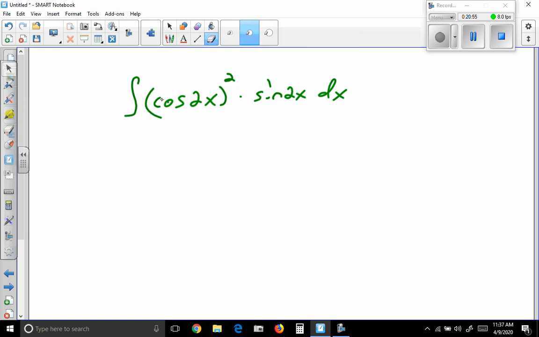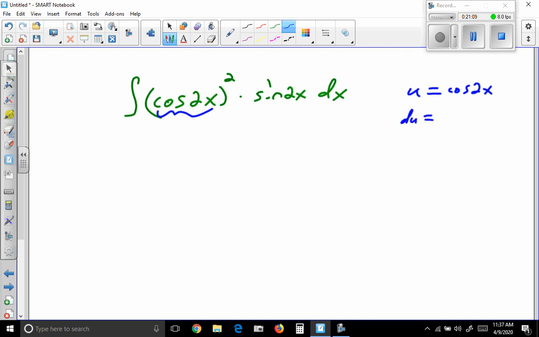So if we look, our inside function is cosine 2x. The derivative of that, or the differential, the derivative of cosine is minus sine times the derivative of the inside function, dx. Don't forget the dx on the end because this is a differential.